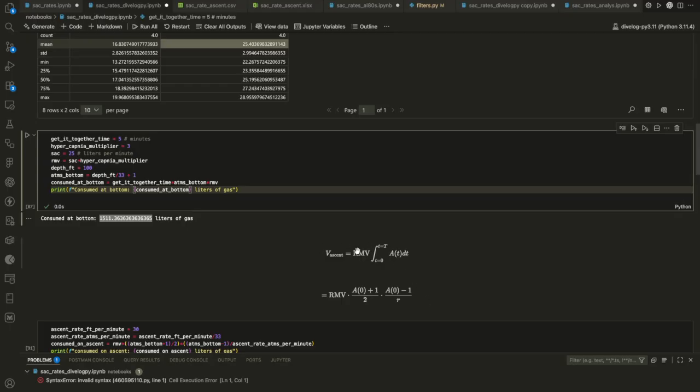What we need to do is we take our RMV, which is those 75 liters per minute that we're assuming we're breathing at, and we need to multiply that by the pressure at the depth that we are breathing.